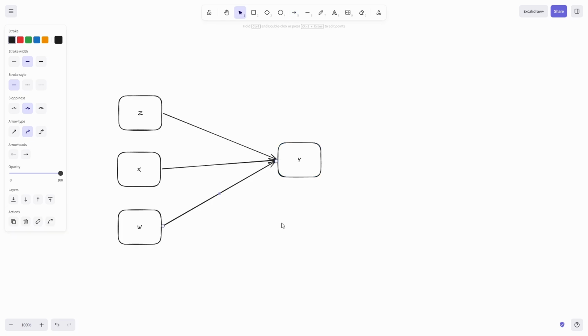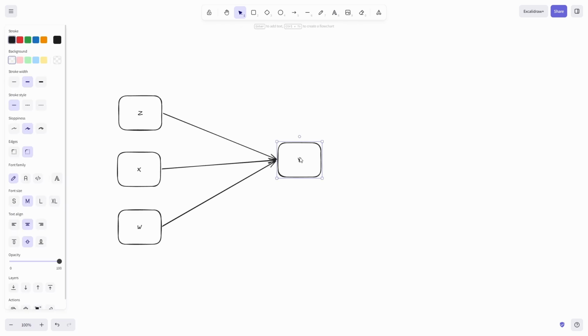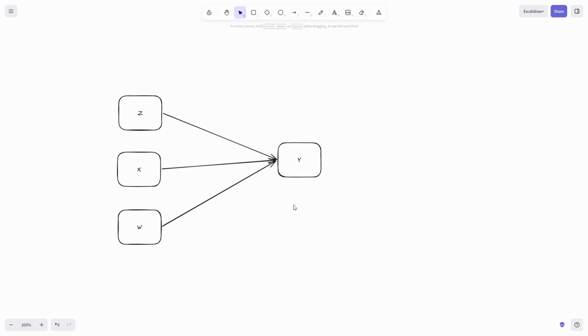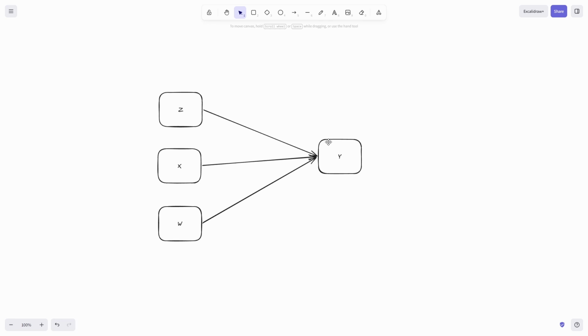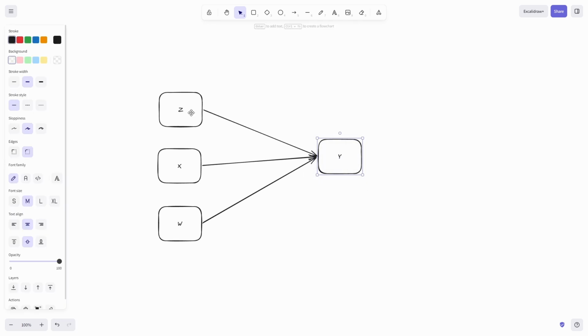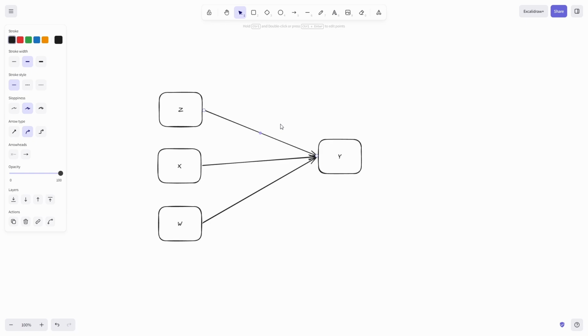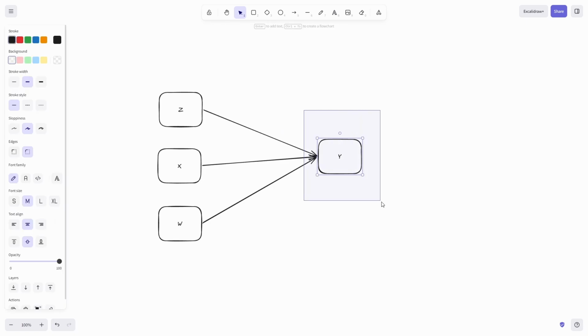So just by looking at this, you can easily think that this component here, this service here, has to be highly available, because, and I'm assuming that of course this is synchronous communication, you need this service to be up and running.